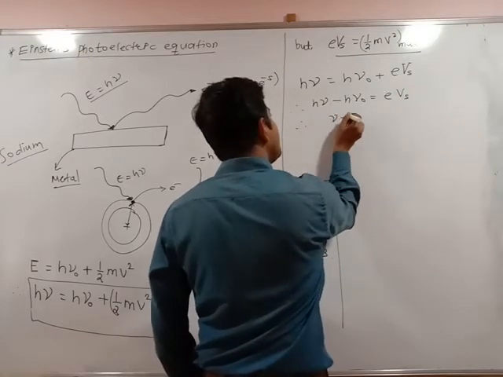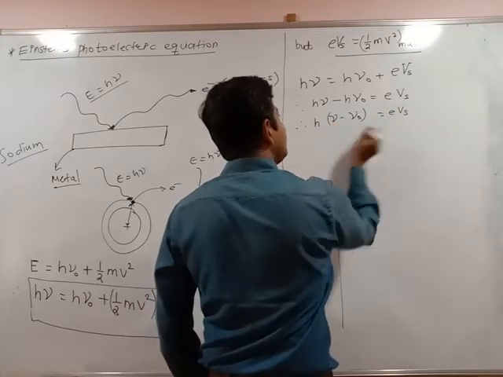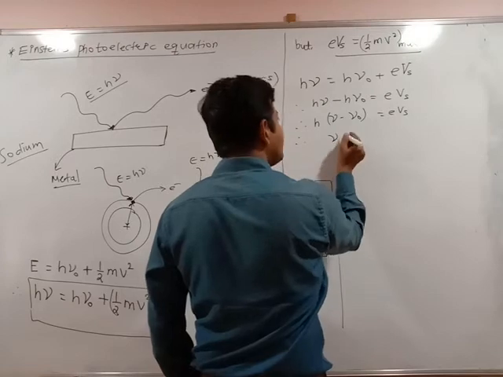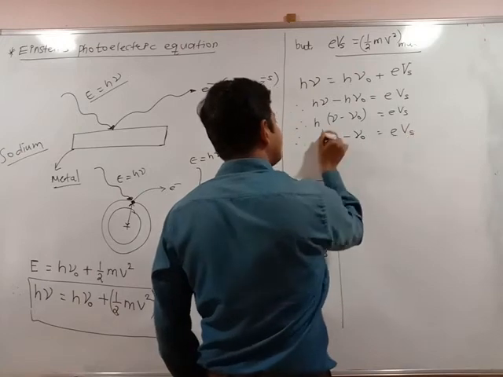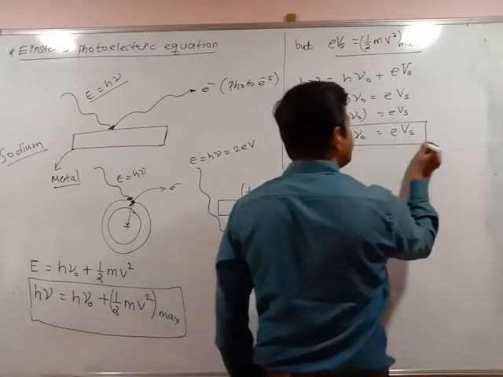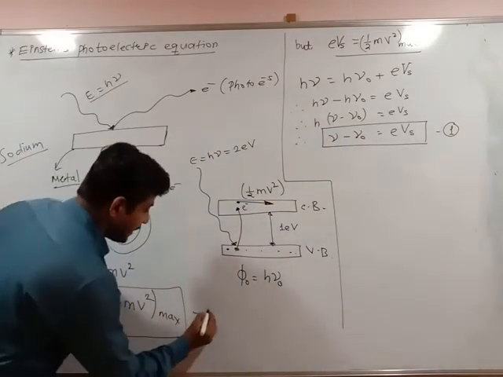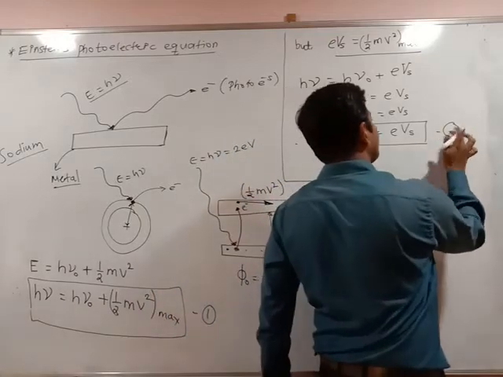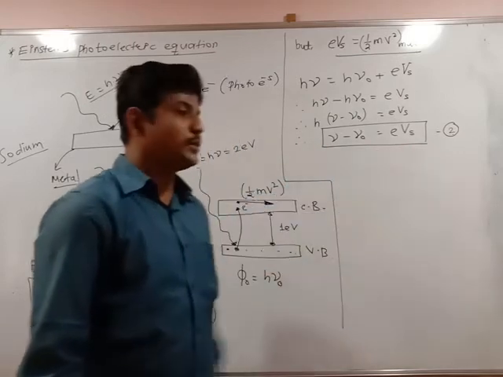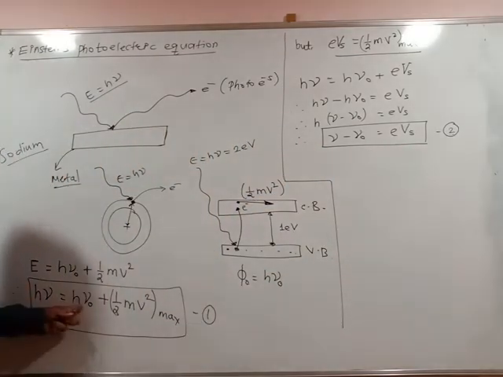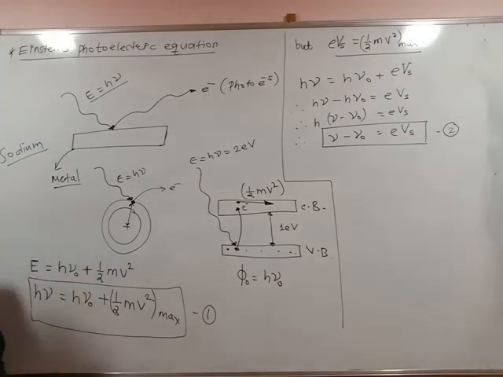Therefore h into (nu minus nu 0) is equal to eVs. That is, frequency of incident radiation minus threshold frequency nu 0, times h, is equal to eVs. This is one form in terms of frequency, Einstein's photoelectric equation. This is equation 1 and this is equation 2. Einstein's photoelectric equation in terms of frequency is h(nu minus nu 0) equal to eVs, and here h nu is equal to h nu 0 plus 1/2 mv square. This is also said to be Einstein's photoelectric equation in terms of kinetic energy.